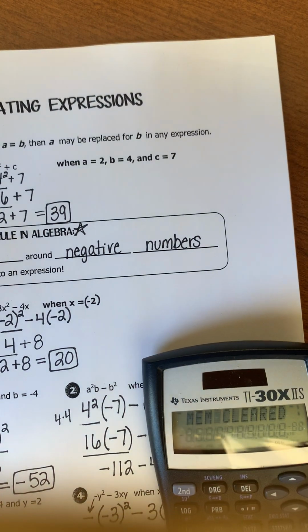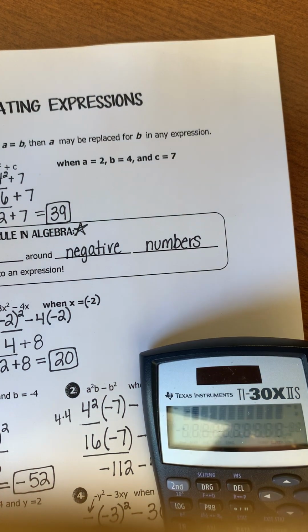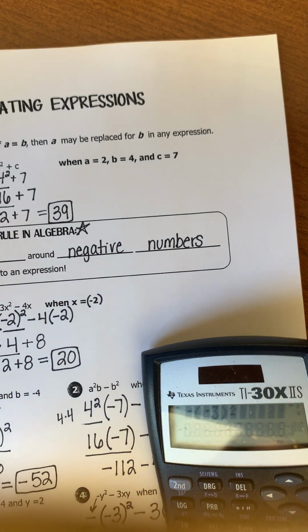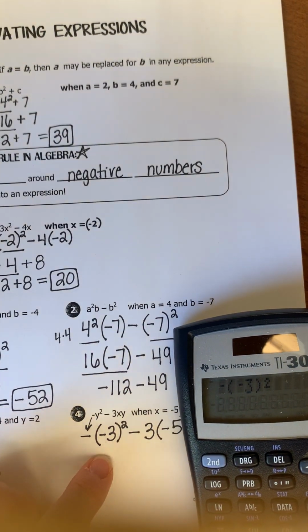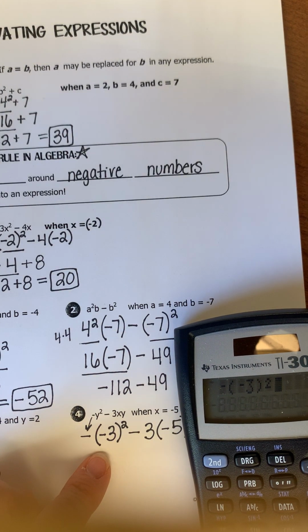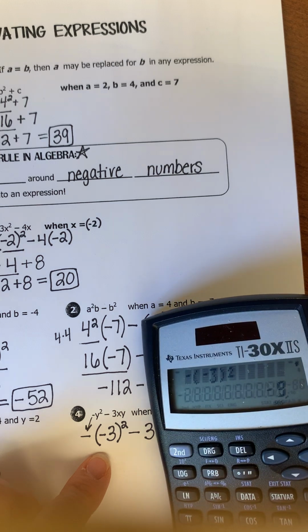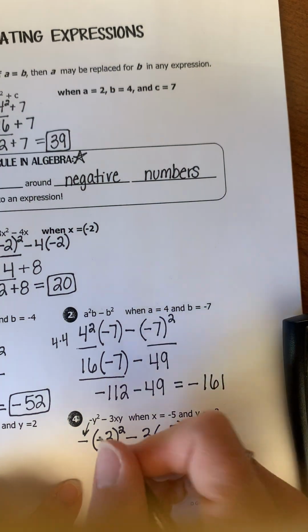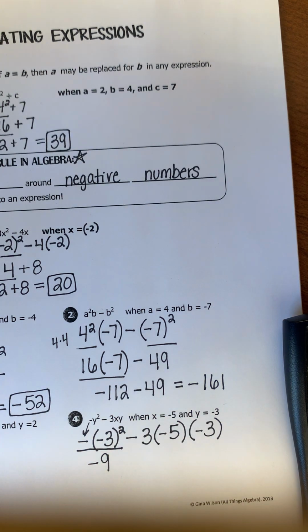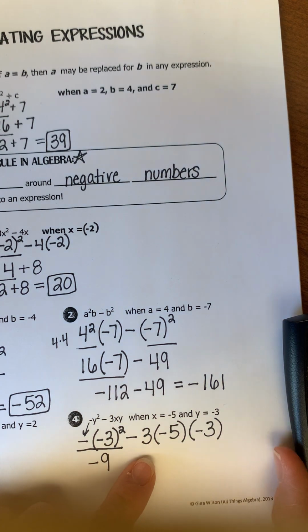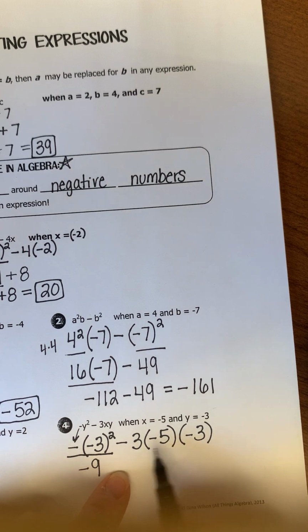Now, when entering this, negative, parentheses, negative 3, close your parentheses and square it. It has to look like exactly what you substituted in, and then you're going to hit your equals. Negative 9. For all of this junk, that's what I just did. That's a lot. Gives me a negative 9. Then I go through here and multiply left to right.